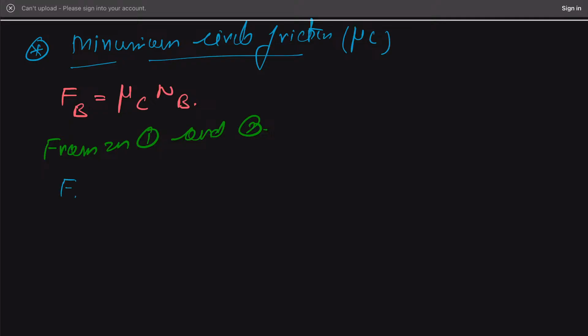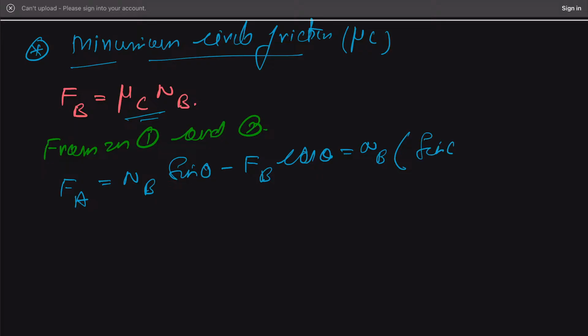So we have our friction F of A will be equal to NB sine of theta minus FB cos of theta, and FB is mu C times N of B. So we can take N of B as common. So this comes as sine of theta minus mu of C cos of theta.